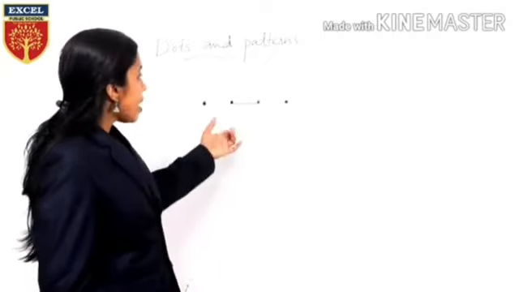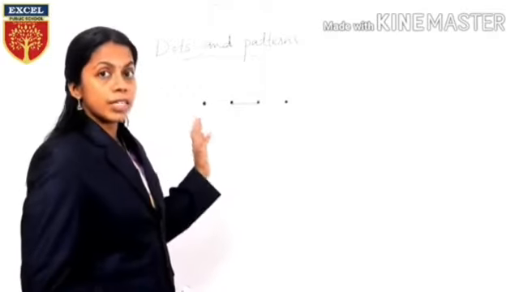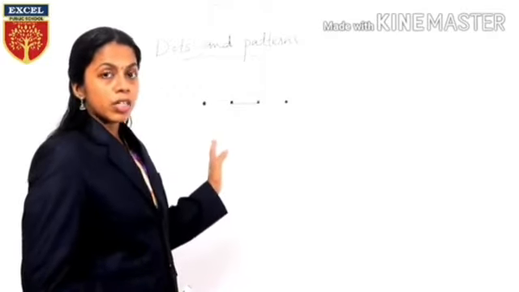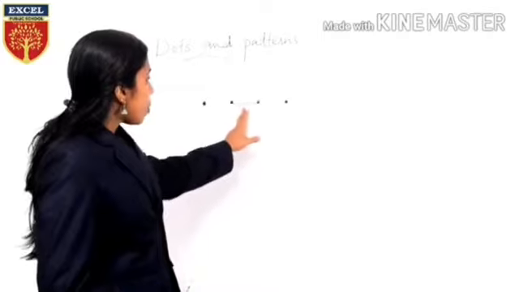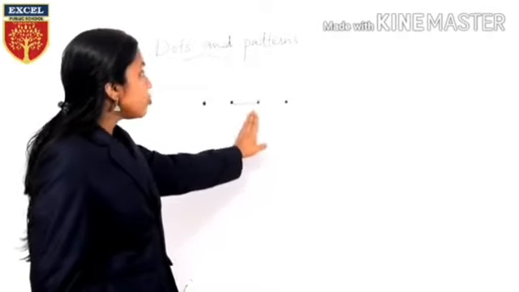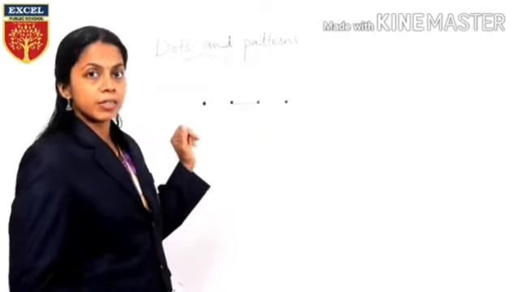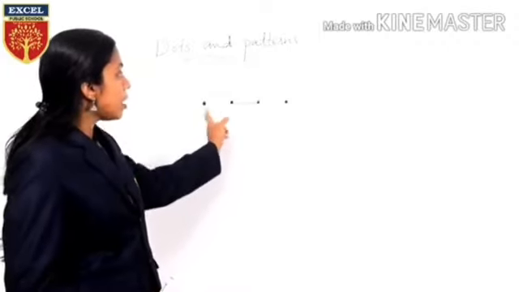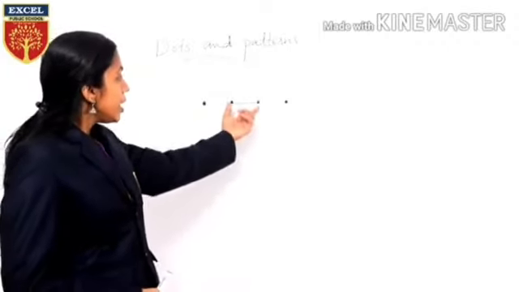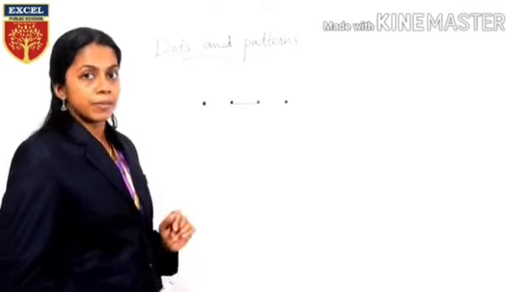These types of arrangements are called a dot grid. That means a number of dots are arranged in an equally spaced manner.